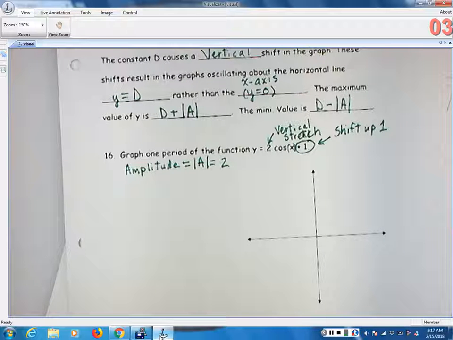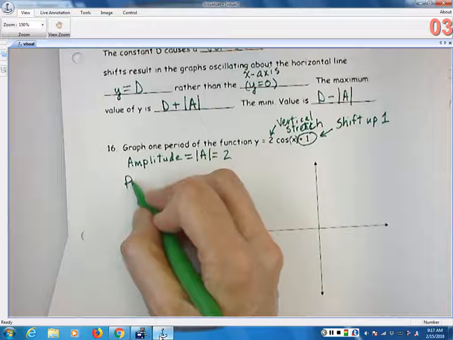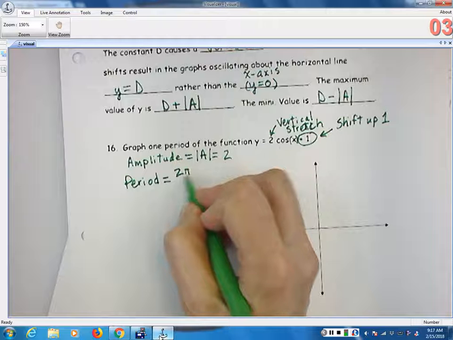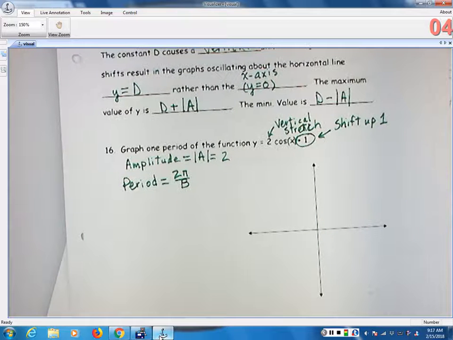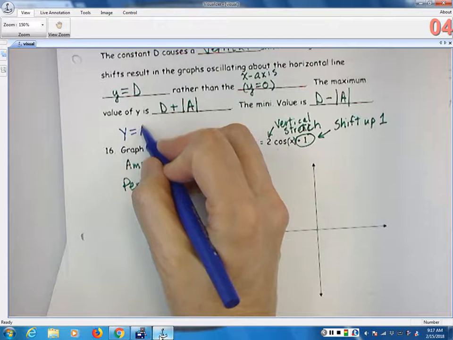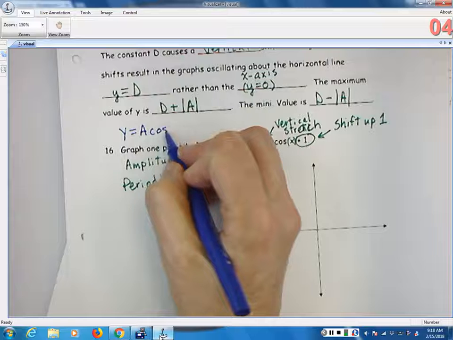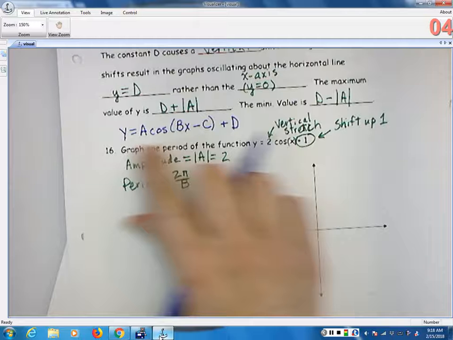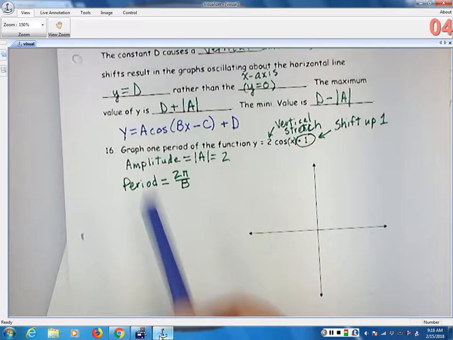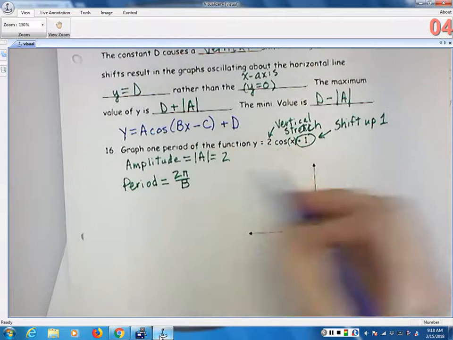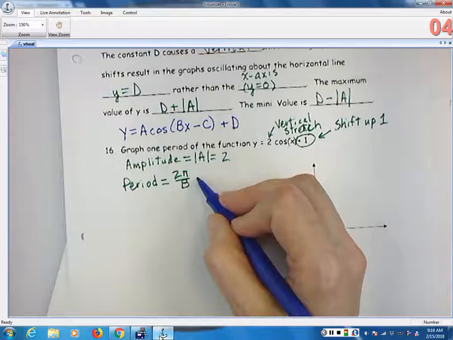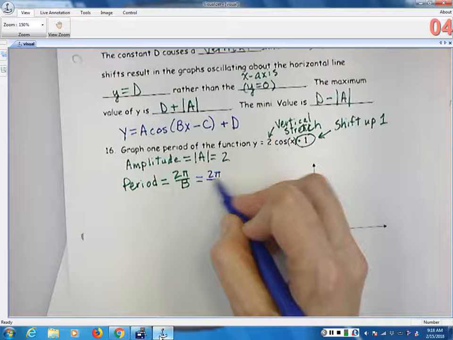The period is 2 pi over b, and it may be helpful to write here: y equals a cosine of bx minus c plus d. That's the standard form. This is what we're working with. B is the number in front of the x. So b in this example is 1, so that's 2 pi over 1 is 2 pi. Our period is 2 pi.